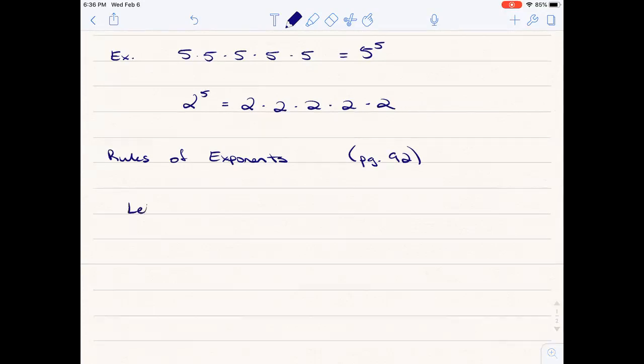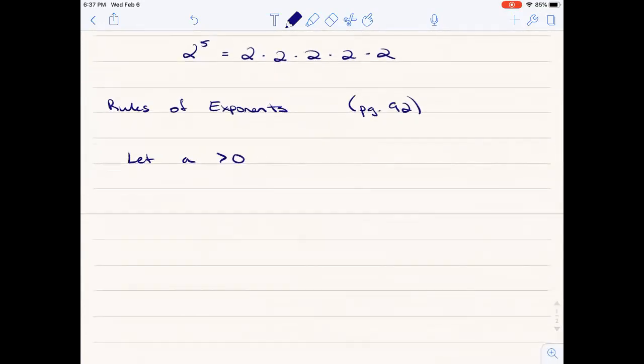Okay, we're going to let a be greater than 0, which is just to say that the base must be a non-zero positive number. That's one of the rules for all the rules that we're about to establish.